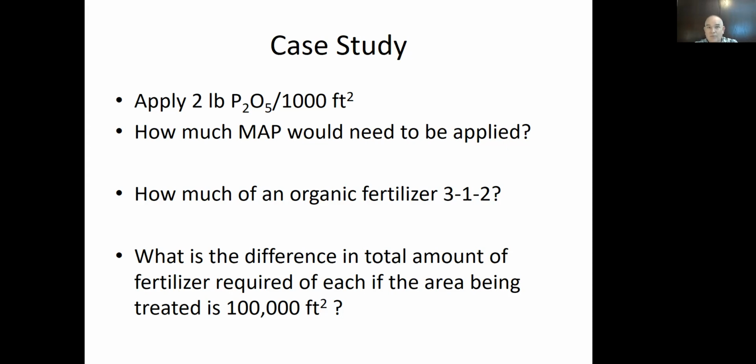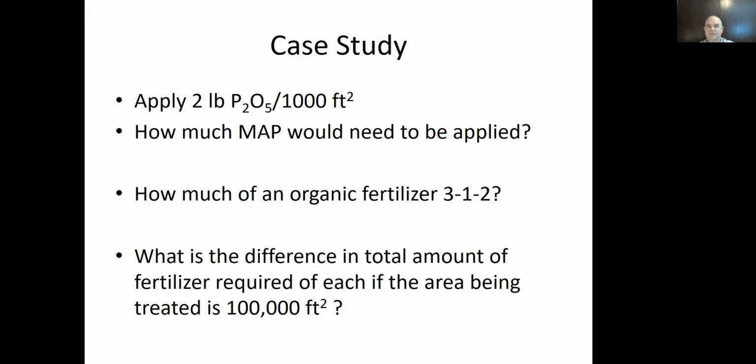I can do that same math for an organic fertilizer that's a 3-1-2. It's got very low fertilizer phosphorus in it. And so instead of dividing by 52%, I'm going to divide by 1%, which means I'm going to need a lot of that fertilizer in order to get the same amount of P2O5, which is one of the problems with some of these types of fertilizers. What is the difference in the total amount of fertilizer required of each if the area being treated is 100,000 square feet?